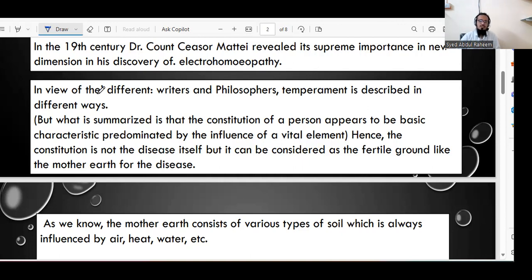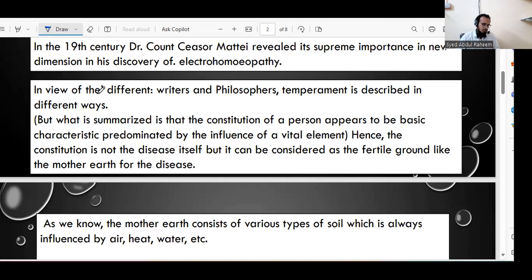Basically, nature is developed by a few things: what he eats from the beginning of his childhood, and where he lives. This also helps to develop the temperament. Also with whom he is living, what type of environment, what type of community, what type of persons. This is very important.